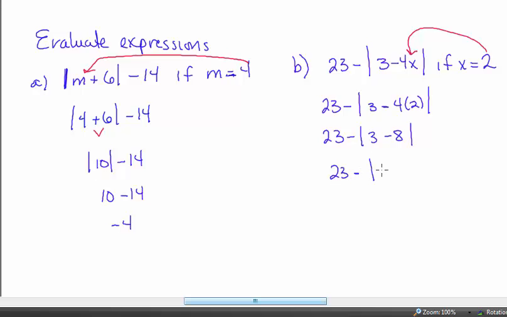So 23 minus the absolute value of negative 5. The absolute value of negative 5 is positive 5, so I get 23 minus 5, and 23 minus 5 is 18. Okay, so that's how we evaluate absolute value expressions.